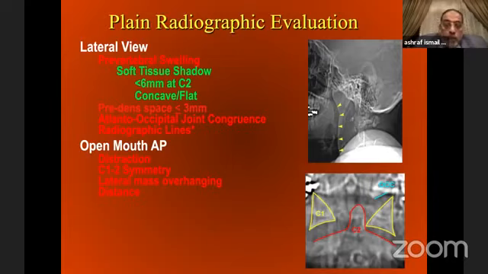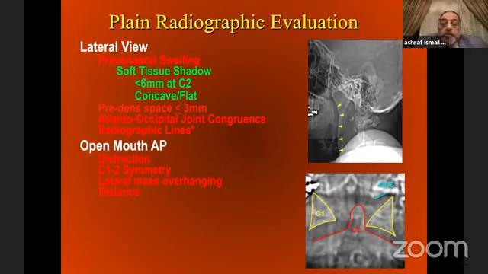In the lateral view, we have the odontoid, the anterior ring of the atlas, the posterior ring of the atlas, and the body and facets of the axis, with the soft tissues anteriorly. The soft tissue shadow should be less than 6 millimeters at the level of C2, concave and flat.